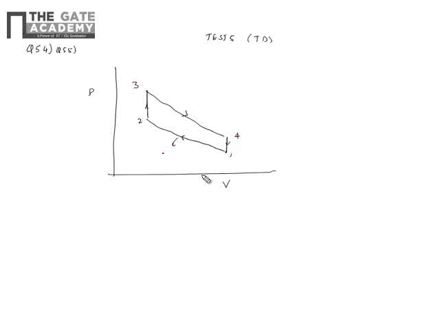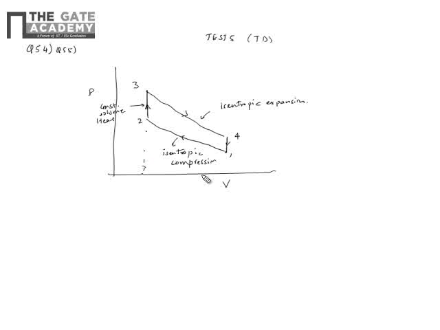This is isentropic compression, this is isentropic expansion, and this is constant volume heat addition which takes place at TDC.